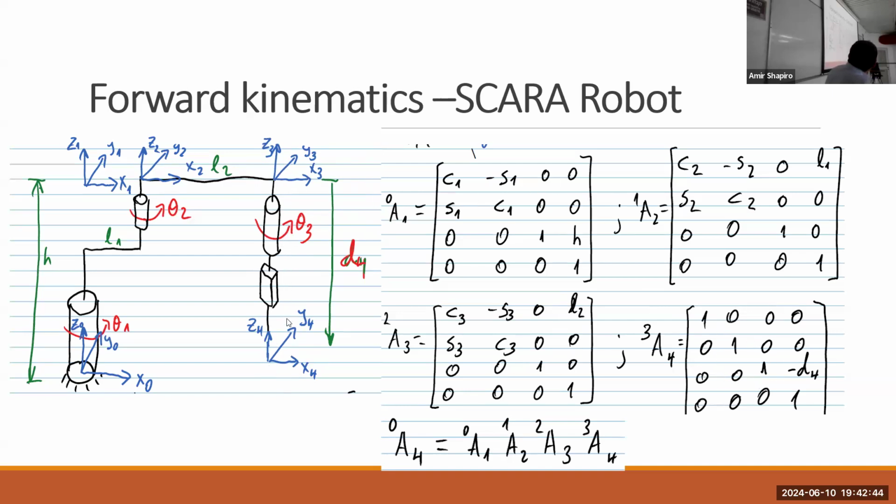And the translation is D4 along minus Z3. So you have D4 here, as you can see. And the total transformation matrix from 4 to 0 is simply the multiplication of all of them.